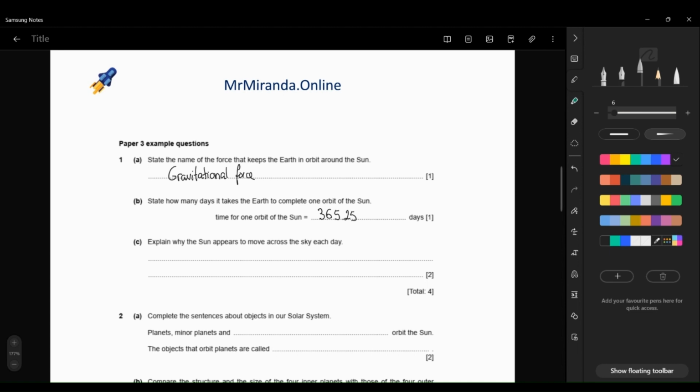C. Explain why the sun appears to move across the sky each day. You should know that the sun is not moving. The Earth itself is moving, around its axis. And it does that once every 24 hours. That's what the day is.